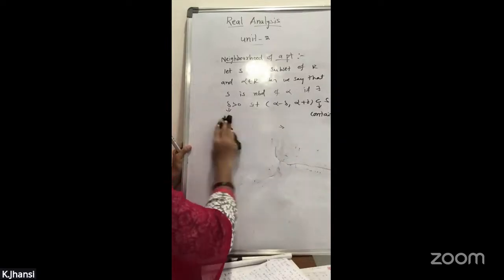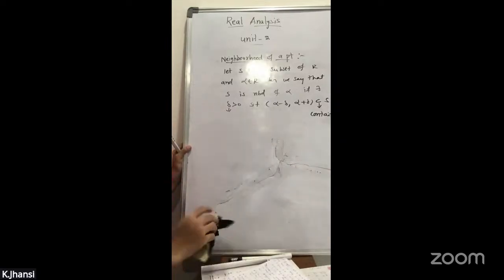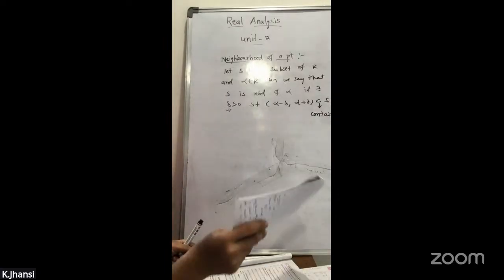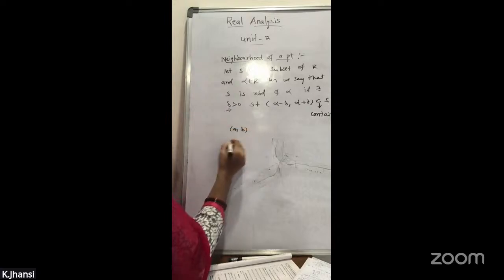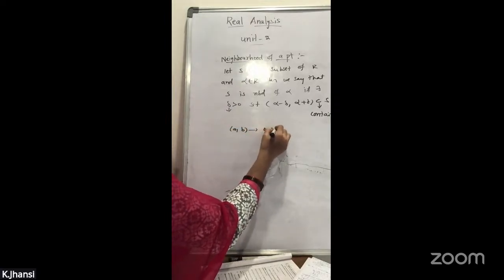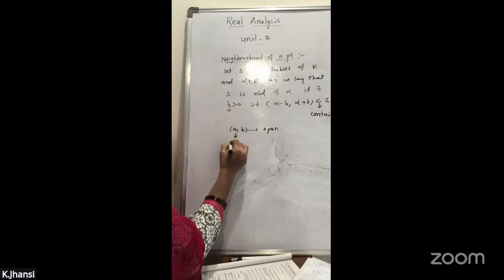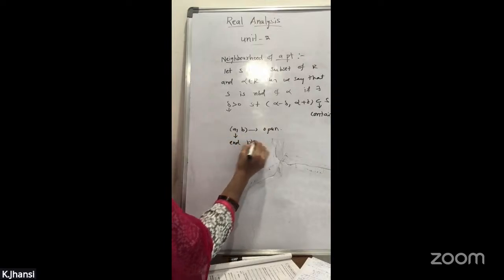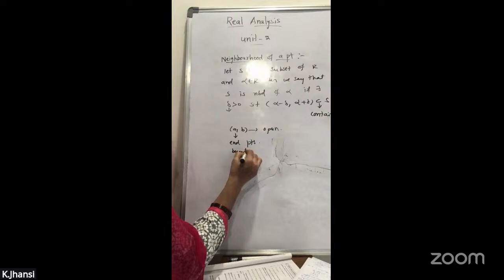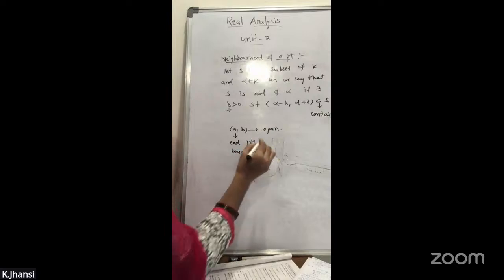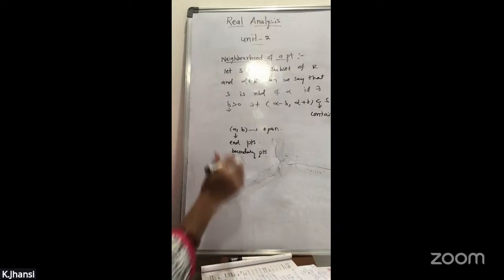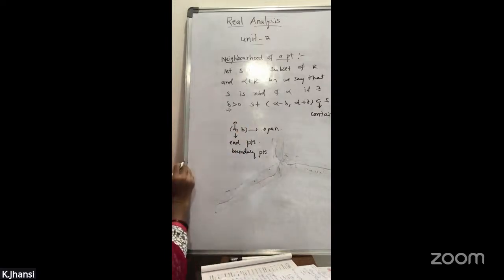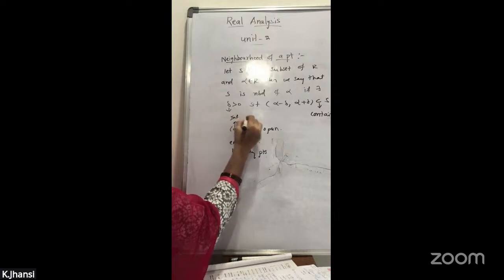So after the neighborhood of a point, we have 4 intervals. Try to see the definition from the textbook. This is the open interval. And we know these are endpoints or boundary points. Here, the first point is called the infimum and the last is called the supremum of the interval.